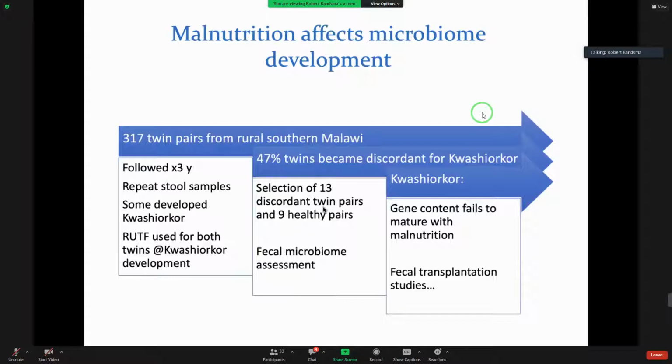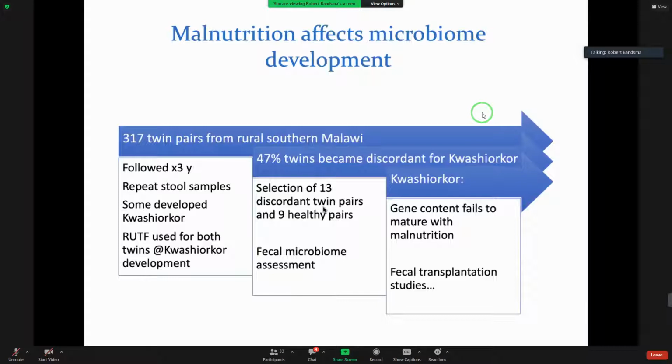So what they did here is they followed twin pairs who became discordant for the development of kwashiorkor. So one of the twins would not develop kwashiorkor, and the other would develop kwashiorkor. And then they collected stool samples and looked at their fecal microbiome.